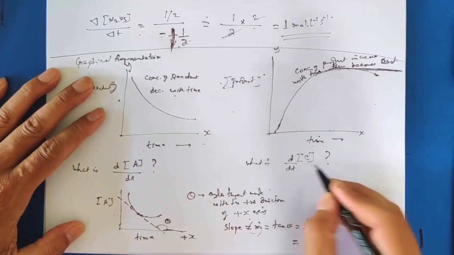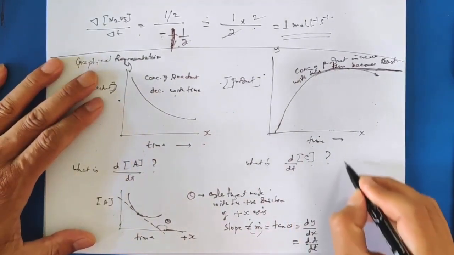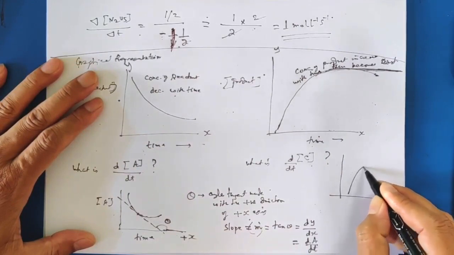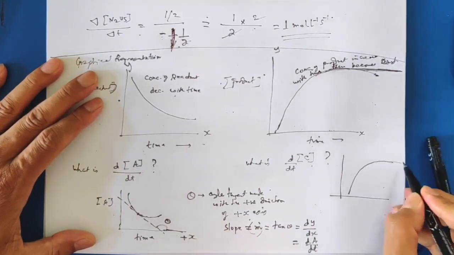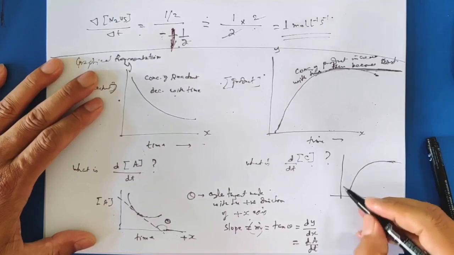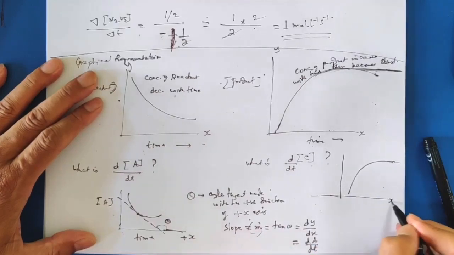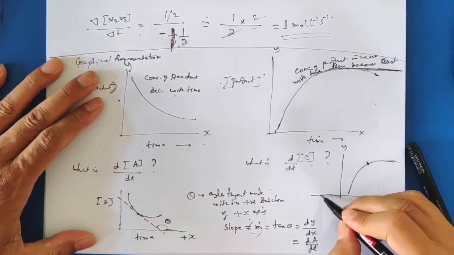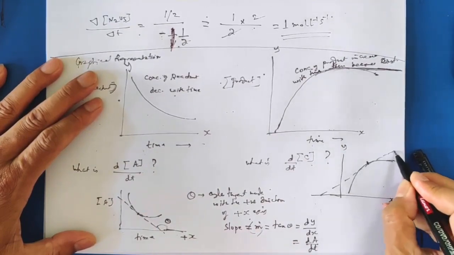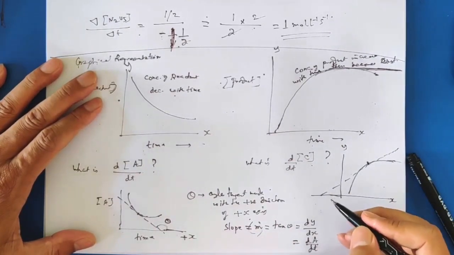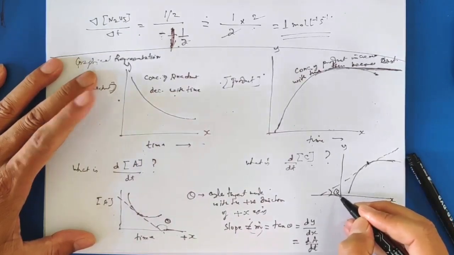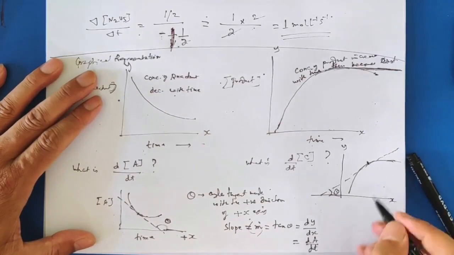Then I have the product graph. Product concentration increases with time and becomes constant. This is the positive x-axis, this is the y-axis. At this point, draw a tangent. The tangent makes theta with the positive x-axis.